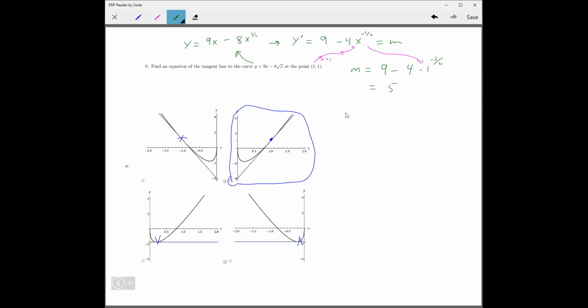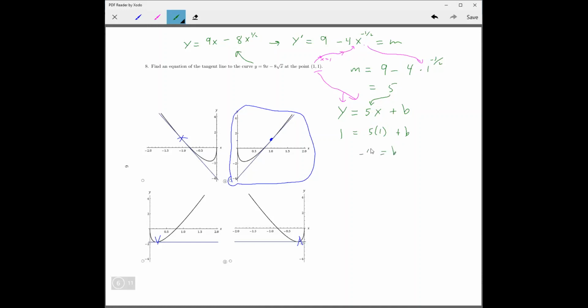Okay, and so that means our slope is 5. And so our equation of the line will be y equals 5x plus b, replacing the m with the 5. Now we also know that it goes through this point here. So we plug in 1s for x and y, because y is 1 and x is 1.